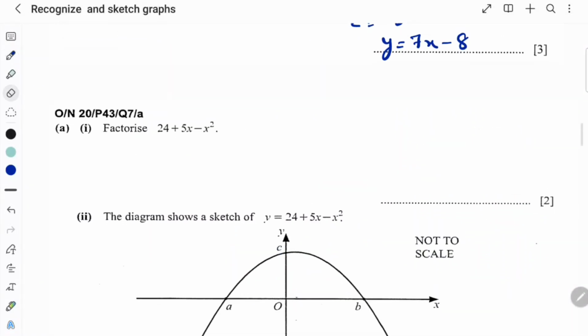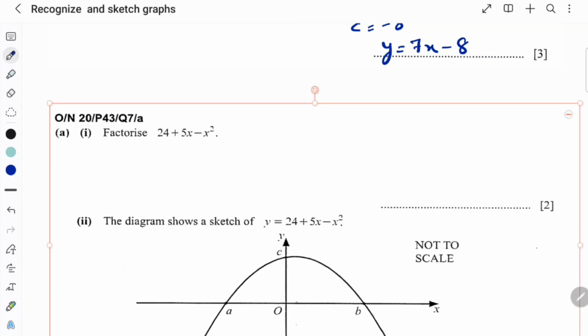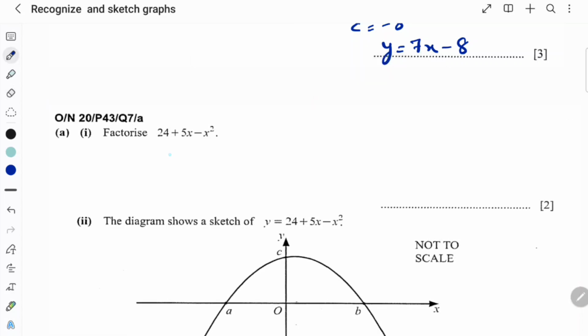Now the next question, October-November 2020 paper 4-3, question number 7, part A, and it is 0580 IGCSE, but all of the students can also do the same question. This is a factorize question.